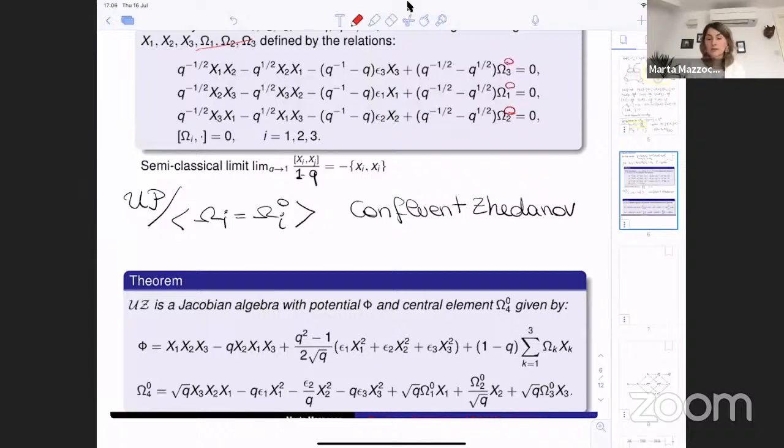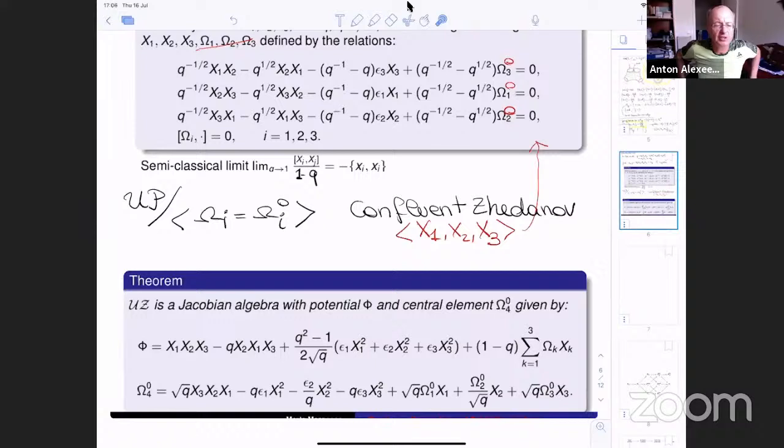So you can think about the confluent Zhedanov algebra as the algebra generated by 3 generators, in which the relations are given in this form. And this algebra is potential. So it admits a potential, which I've written here. And it has a central element, which also is written here.